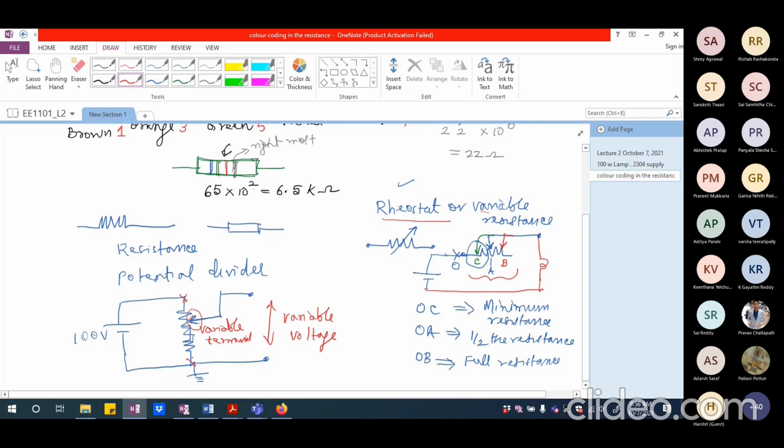This terminal and this terminal are fixed terminals which have been connected to the battery. The third terminal is going to vary the amount of voltage coming at the output, so this output can change as per my requirement by adjusting the moving position.